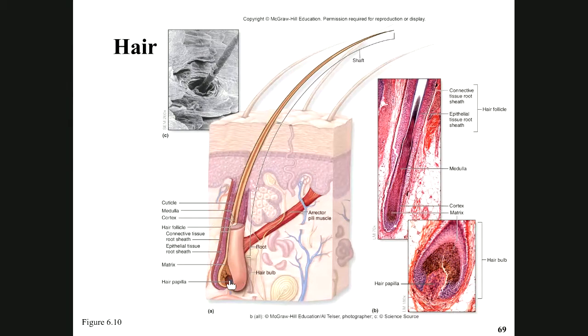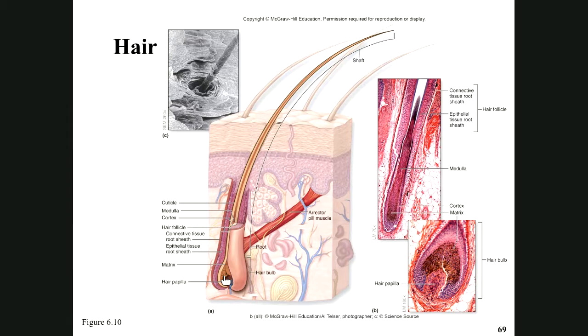The hair bulb surrounds one part which we call the hair papilla. And the hair papilla is composed of connective tissue with blood vessels. And this part is the only part of our hair which contains living cells.